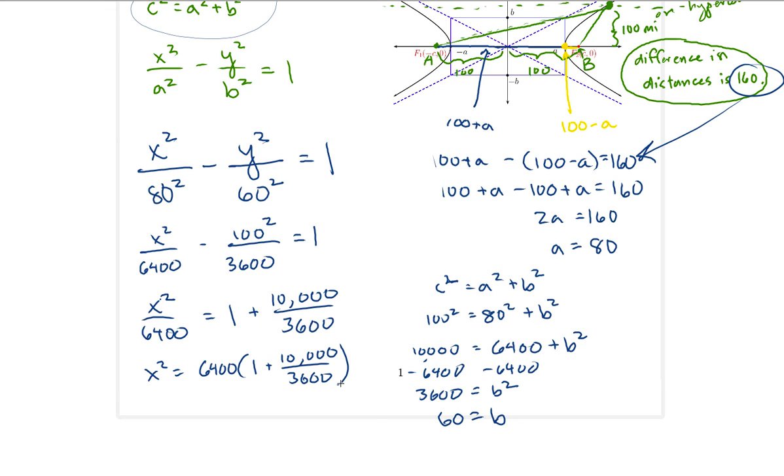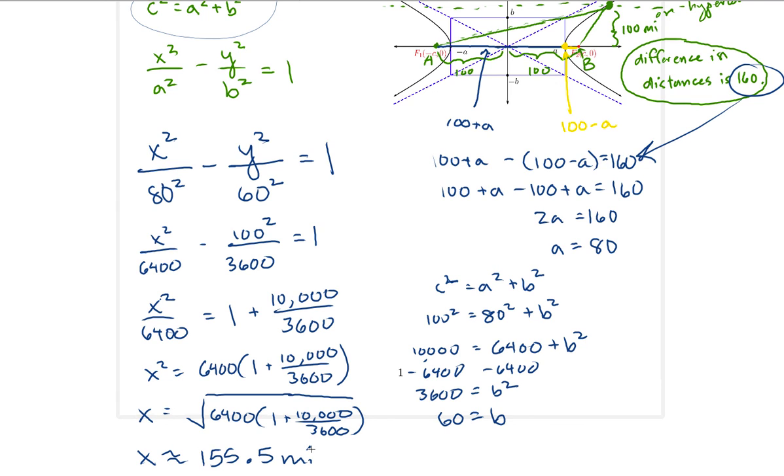And so as I solve for x here, x would be the square root of all this stuff. So x is about 155.5 miles when you put that in the calculator.